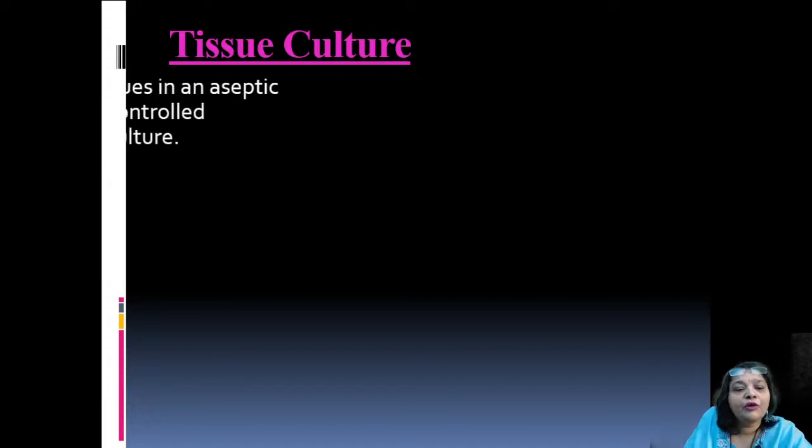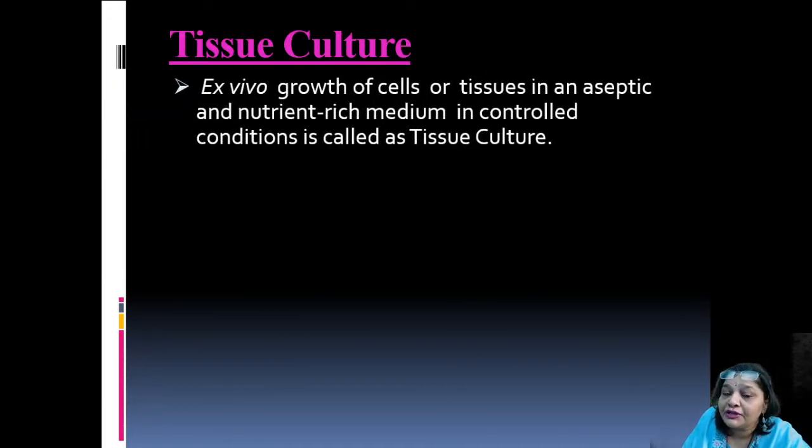So let us see what exactly this tissue culture technique has in store for us. Ex vivo growth of cells or tissues in an aseptic and nutrient-rich medium in controlled conditions is called tissue culture. Ex vivo, I told you already, means growing cells in an exterior medium, where there is no living system.